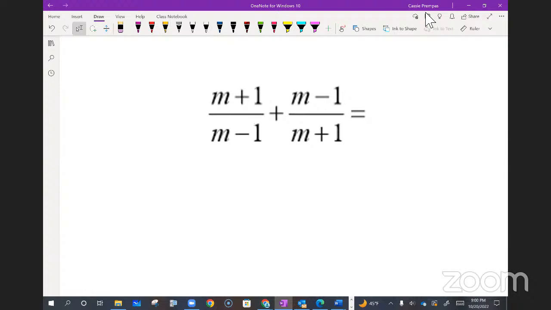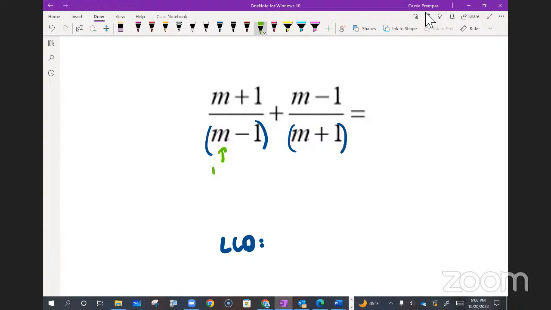Well, as I'm looking at this, I see m minus 1 and m plus 1. And before you continue, you want to ask, what is the least common denominator? A common mistake that I see is students just want to add to the problem or subtract to the problem, but we can't do that. We can only work with factors. To drive this point home, imagine using the number 6, for example.